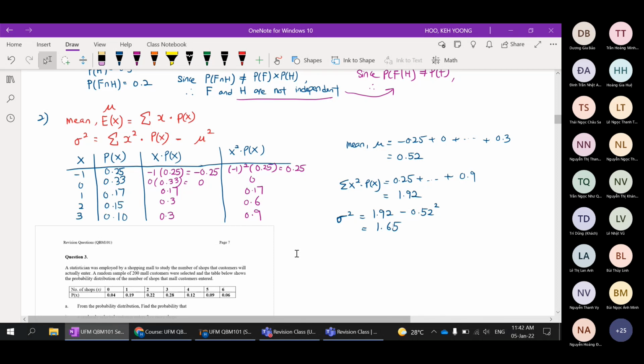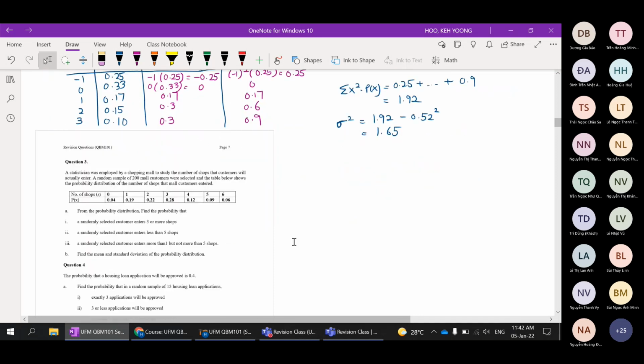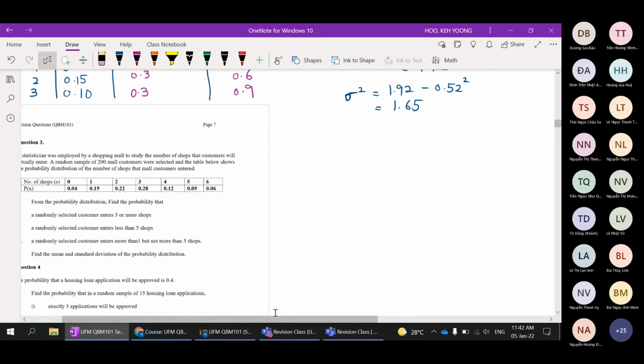The table shows you the number of shops that the mall customers enter. You have 200 customers, right? Okay, let's look at question 3 now.